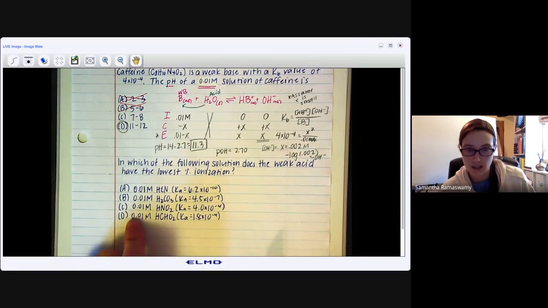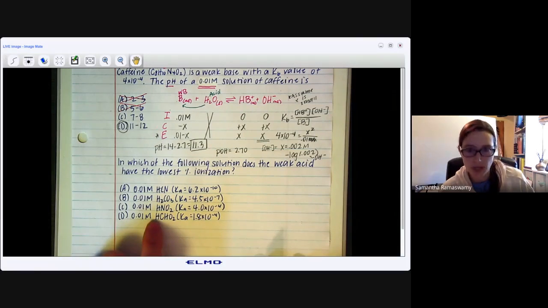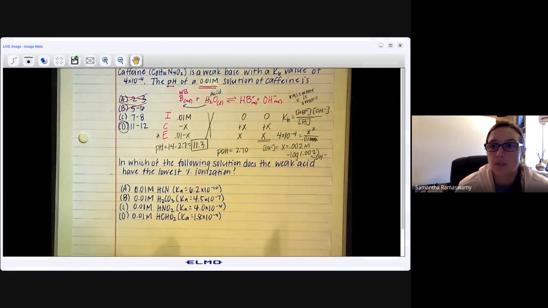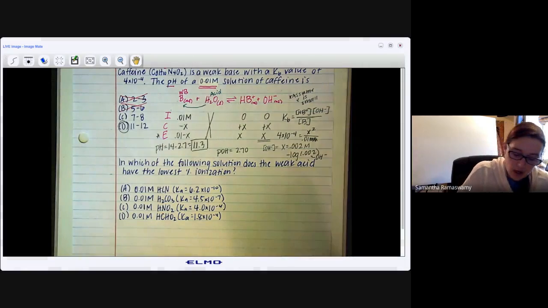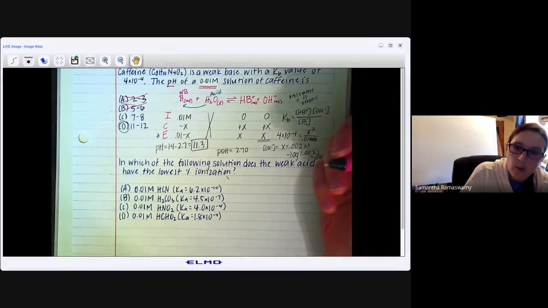When you have a multiple choice question like this, especially for weak acids or weak bases, they're usually going to give you the same concentration. And I want you to think about the lowest percent ionization. Think about what percent ionization means.